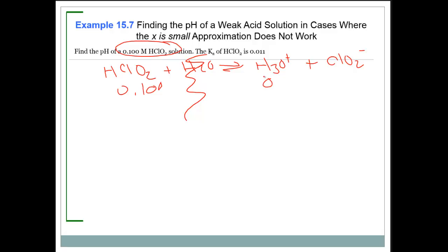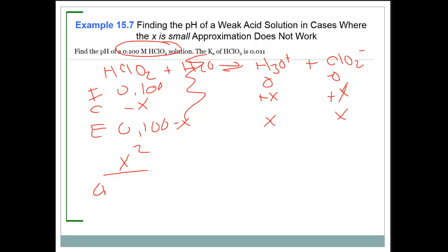H2O goes away, 0 and 0. We're losing X and we're gaining X on this side because it's breaking down. Our equilibrium constant's right there, 0.011.